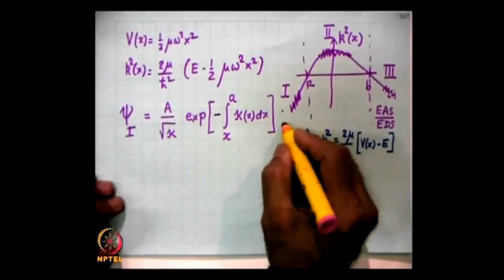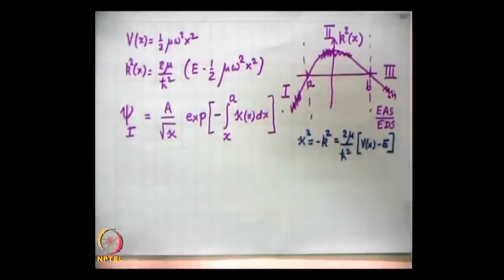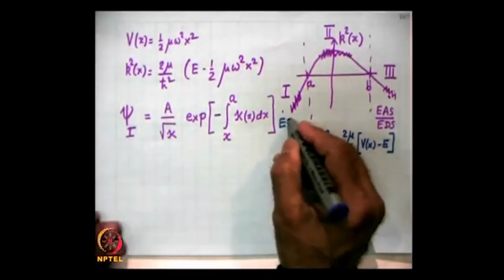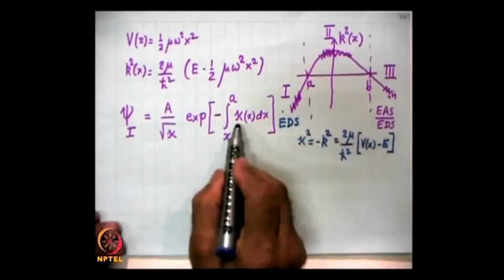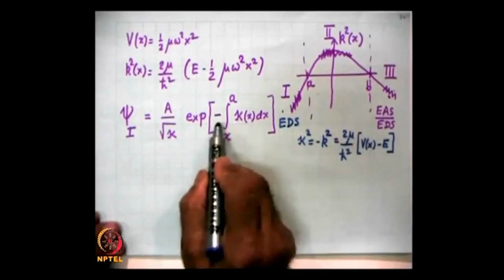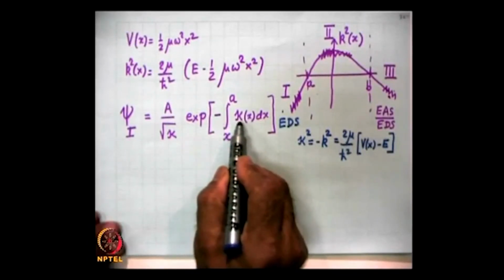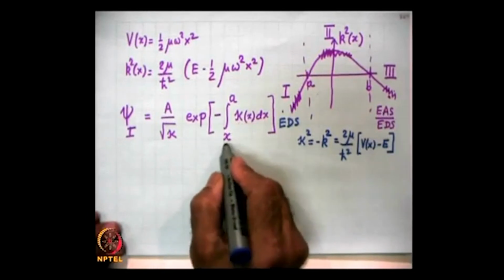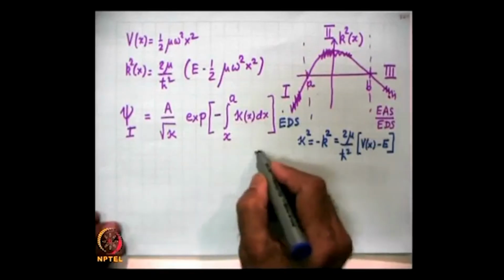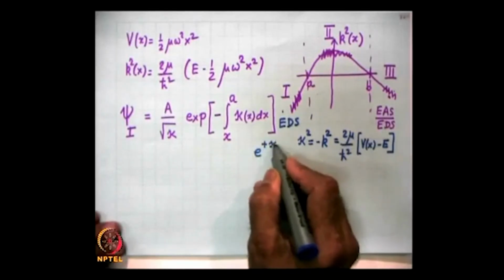So, this is the exponentially decaying solution, because if kappa was constant, this will be minus e to the power of minus kappa x, and at the lower limit it will become e to the power of plus kappa x.